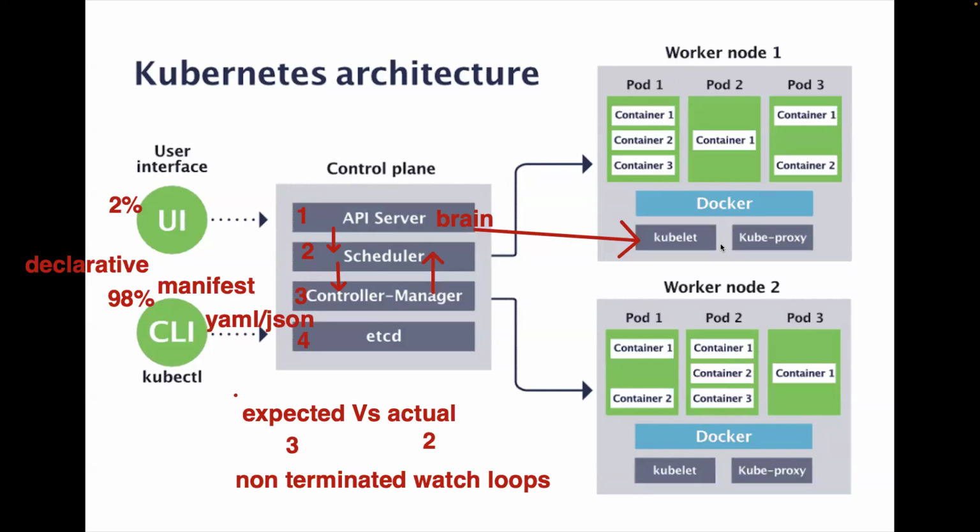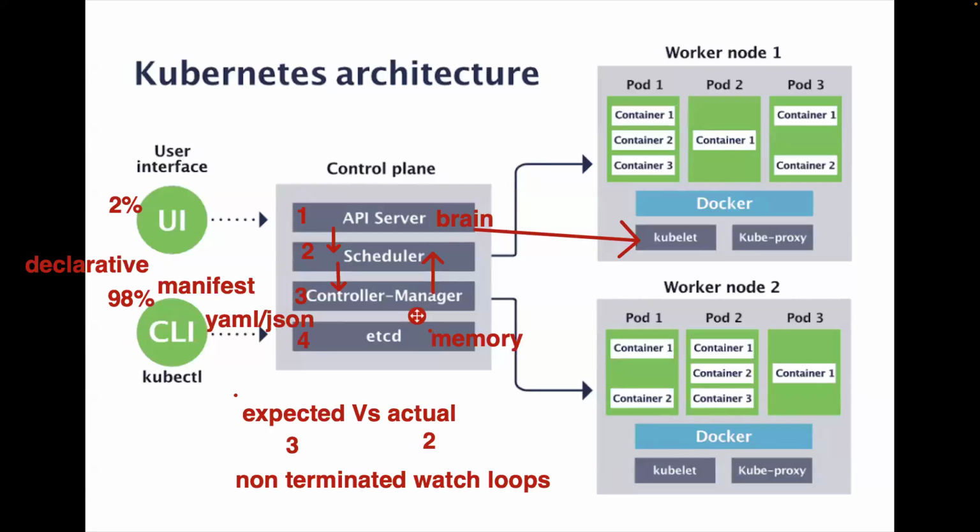Then comes the fourth component, the very important component, etcd. What is this etcd and why do we need it? etcd is like a store of the cluster. If you consider the API server as the brain of the cluster, this is called the memory of the cluster.